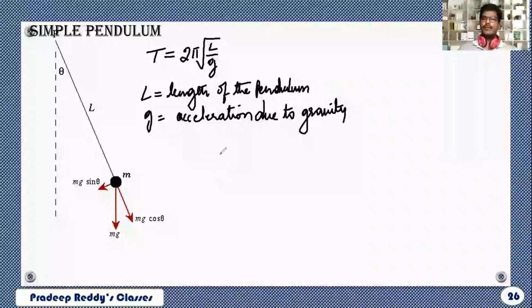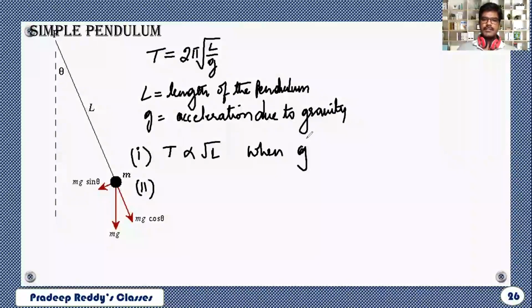G is acceleration due to gravity. So clearly, time period is directly proportional to root L. It only depends upon the length of the pendulum when G is constant, and time period is inversely proportional to root of acceleration due to gravity when L is constant.